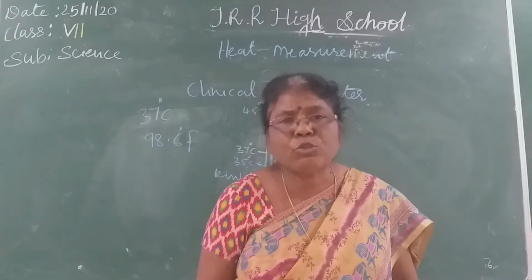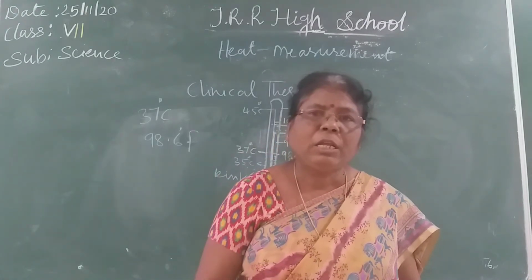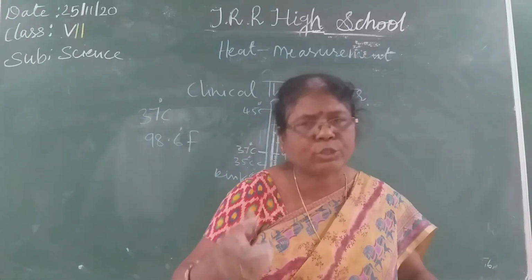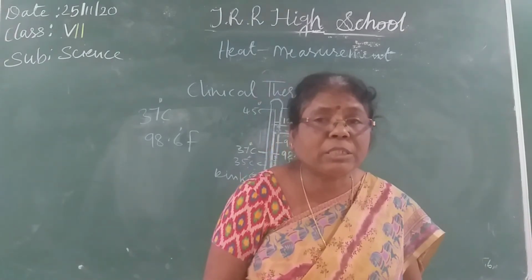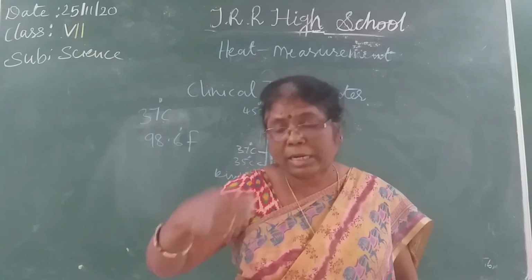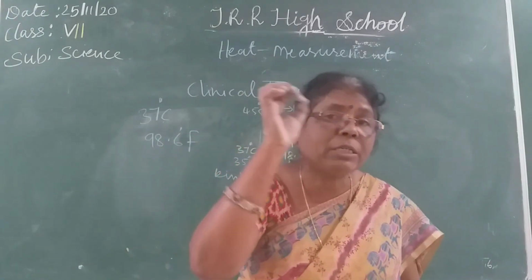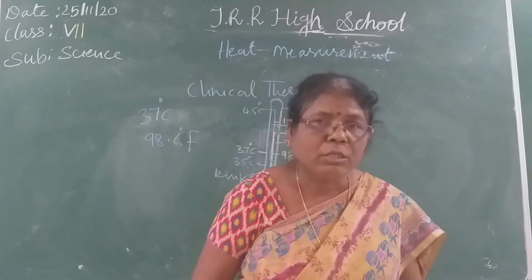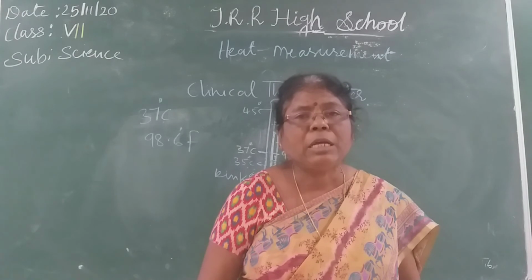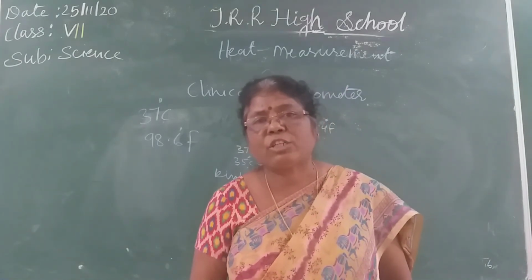Suppose you are having 101 degrees Fahrenheit; if you keep it for more time also, the same temperature it will show you. After seeing the temperature, you have to give a jerk to the thermometer, keep it in the antiseptic solution, that is Dettol, wipe it and clean the thermometer.